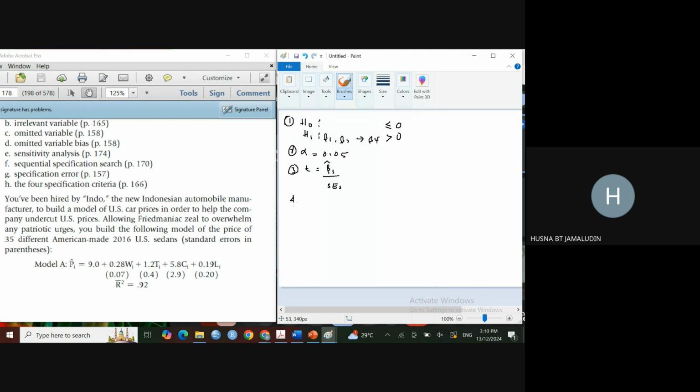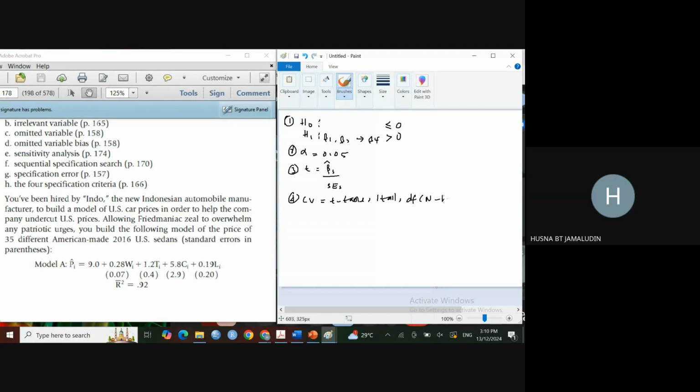Step 4, you have to find the CV. How to find the CV? You have to refer to the t table. What is your one-tail? Let's go to one tail. And then the degrees of freedom is n minus k minus 1.